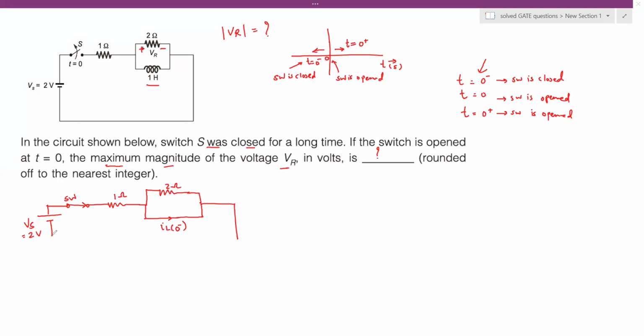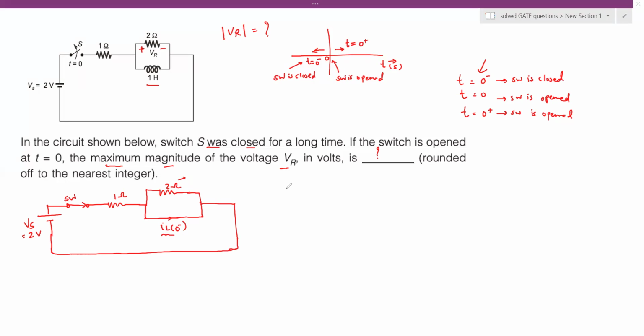Obviously, this 2 ohm resistor also gets short circuited, because the inductor acts as a short.